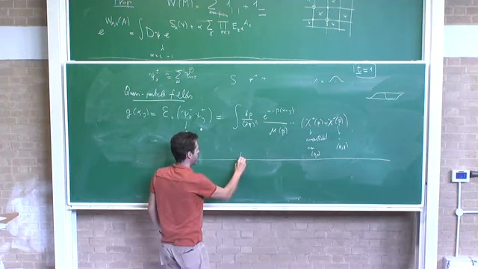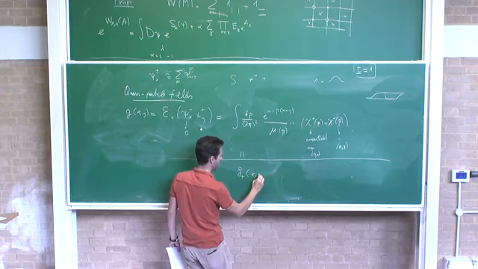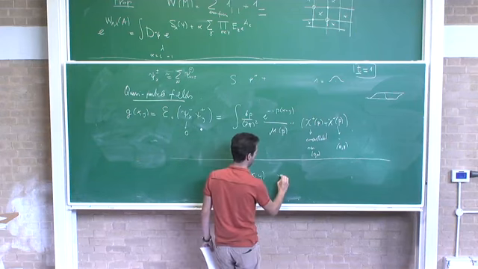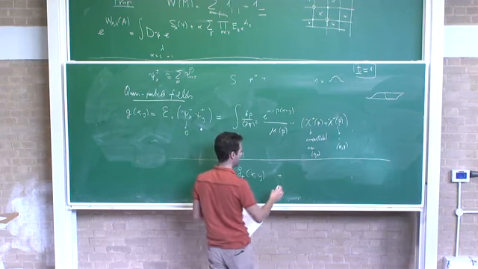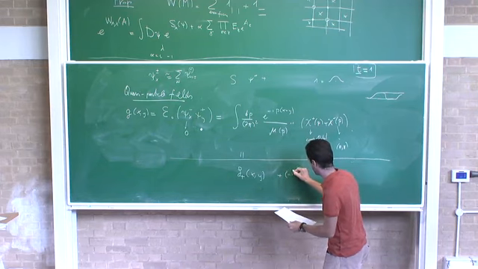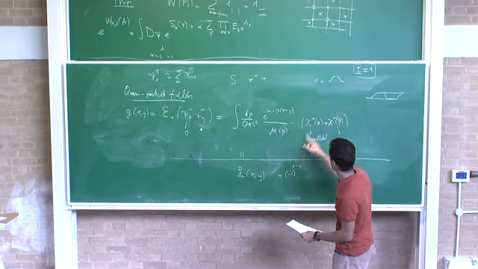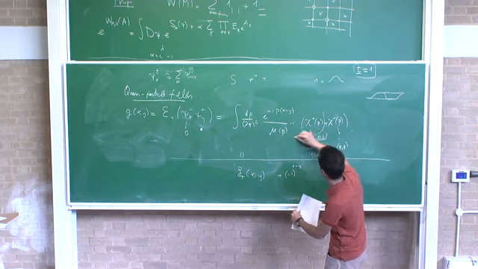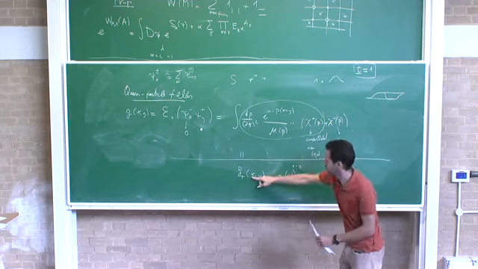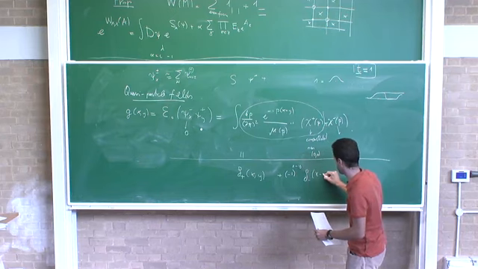By definition, I will call the first one g plus of xy, and the second one I call g minus, extracting an oscillating prefactor. So this part of the integral with the chi plus I call g plus, and the other one I call g minus times this thing here.